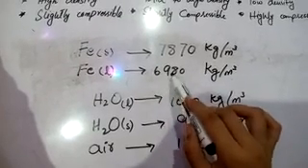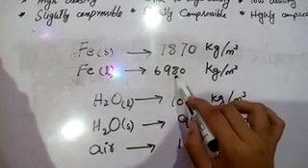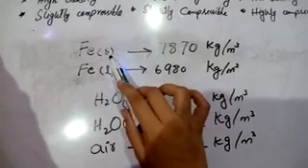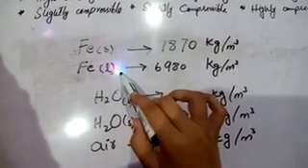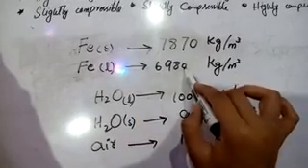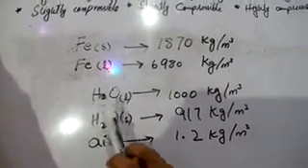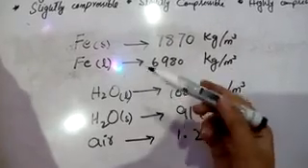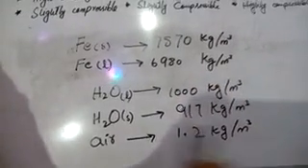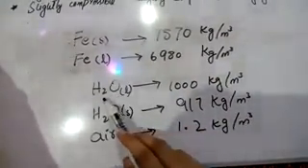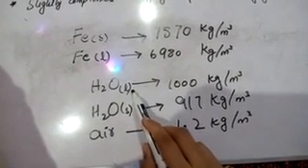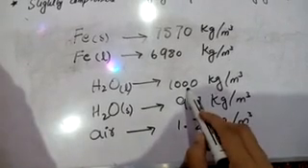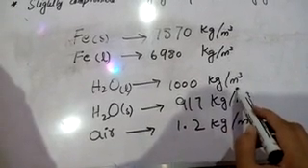So we can see that the density of iron in solid state is greater than the density of iron in liquid state. But we have an exception there in water. In case of water, in liquid state, the density is 1000 kilogram per meter cube.